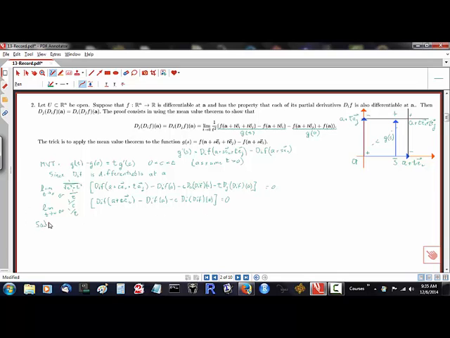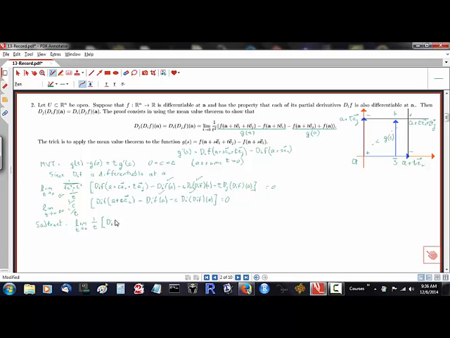Now I'm going to subtract those two results. When I subtract, I have the limit as t approaches 0 of 1 over t. Those two terms cancel out. Those two terms cancel out.